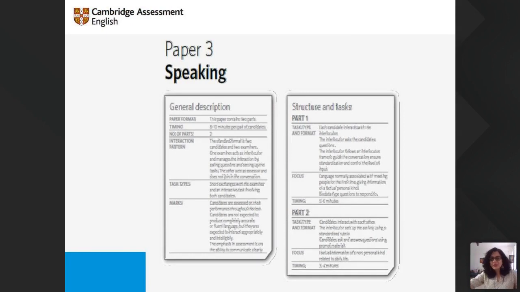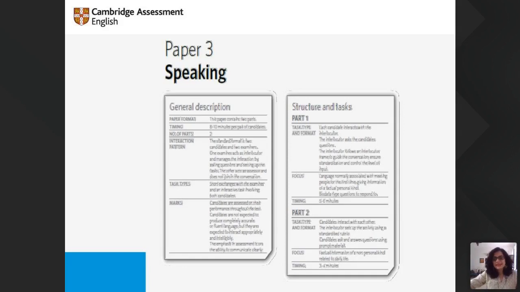So I have for you over here the third paper, which is the speaking paper of KET. Now you will see that on the left hand side, there's a general description of the speaking exam.